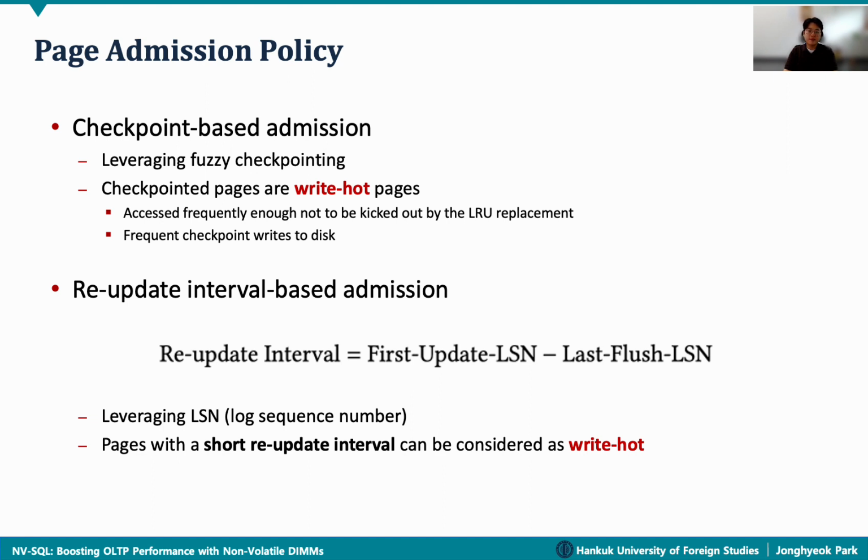Meanwhile, the last flush LSN is the log sequence number when a page is flushed to disk for the last time. This gap indicates how quickly edited pages are brought back to cache. Therefore, pages with a short re-update interval can be considered write-hot.